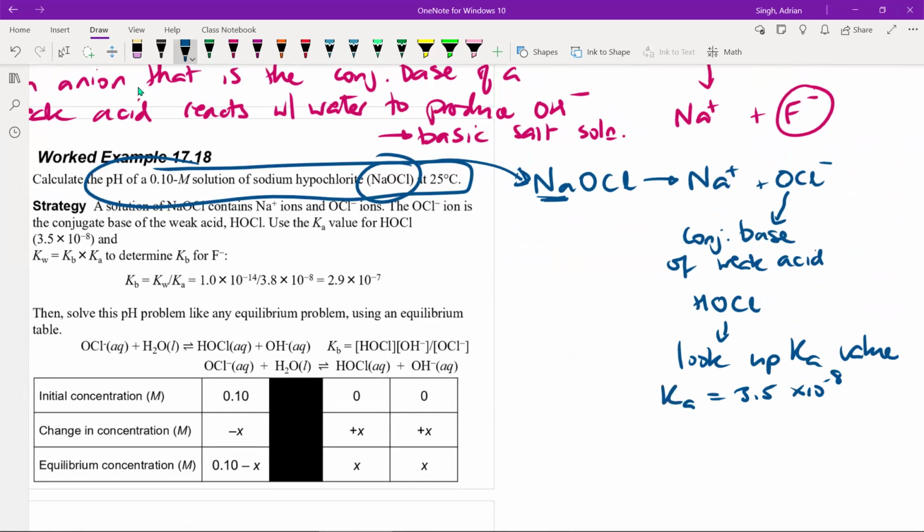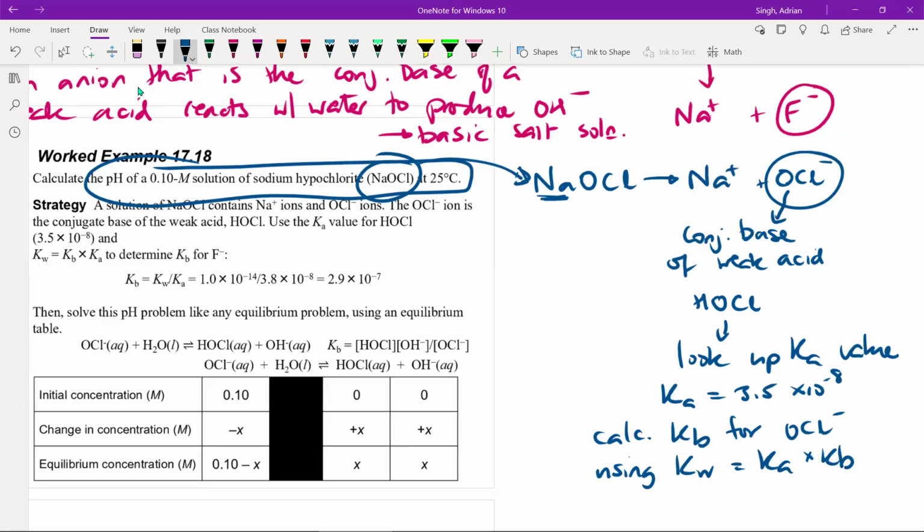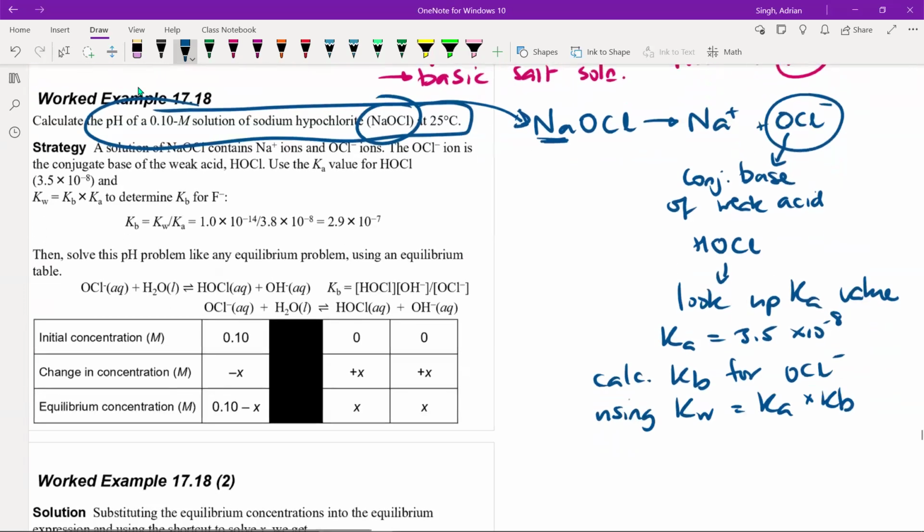That's the Ka. So what we can do then is compute the Kb value for the corresponding conjugate base, for the OCl minus, by using the technique we talked about before. You're going to use Kw equals Ka times Kb, and we can use it here because both of these two things are conjugate acid-base pairs.